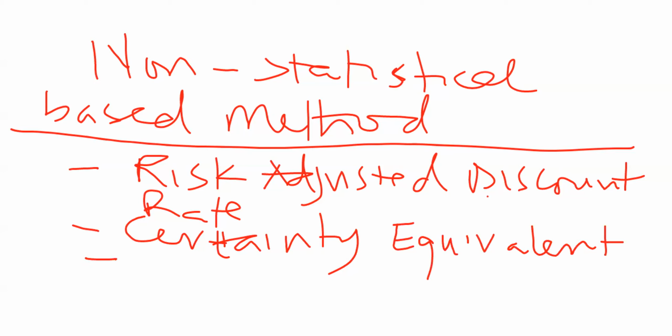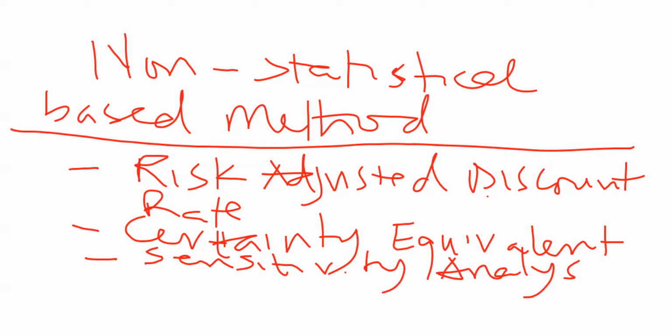The last one we're going to look at under this is what we call the sensitivity analysis approach. Is it clear now? Yes, sir. So immediately we finish these 3, we have succeeded in understanding capital budgeting under uncertainty. So this is part 2 of capital budgeting under uncertainty.